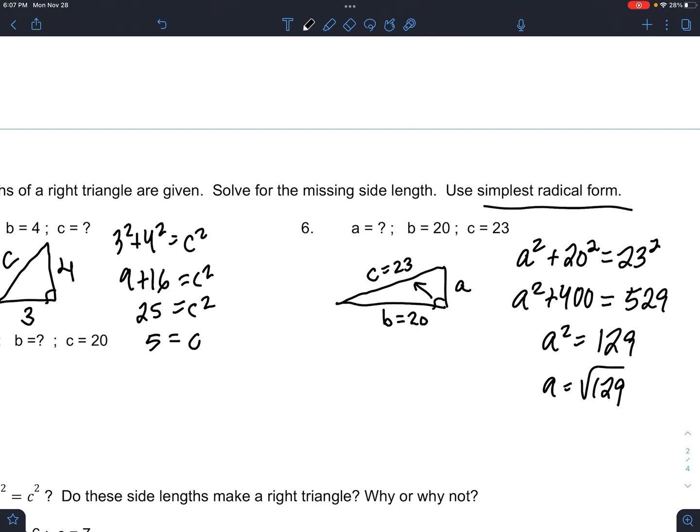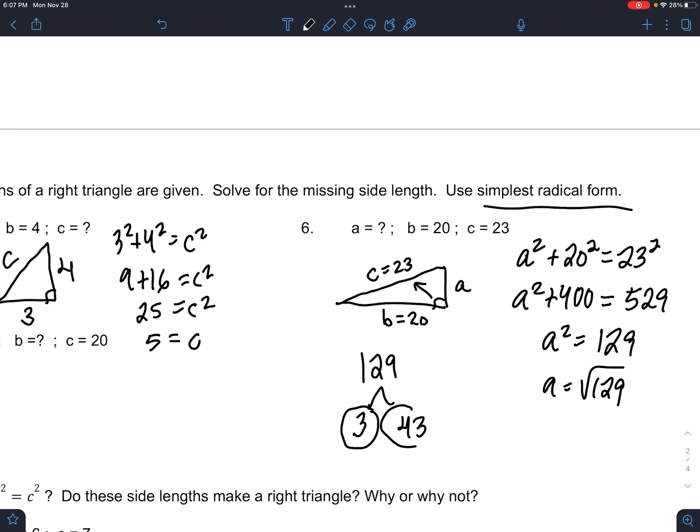So you want to think about, is this in simplest form? Well, think about 129. Again, that doesn't stick out to me much at all, so I would just maybe try 3, try 7, try and divide. Turns out 3 works. It goes in 43 times. And 43 doesn't have any factors that aren't 1.